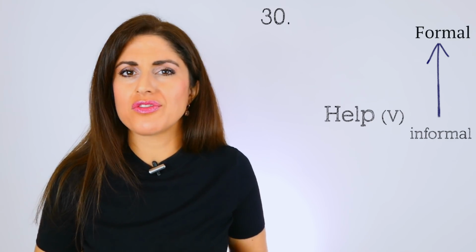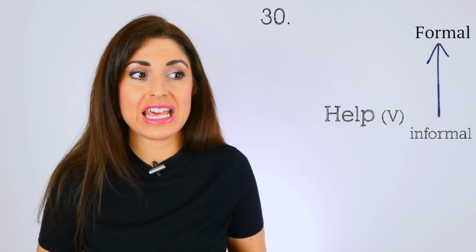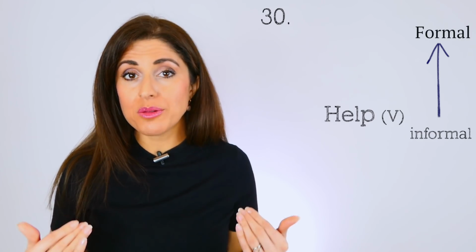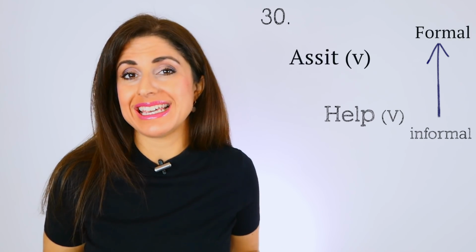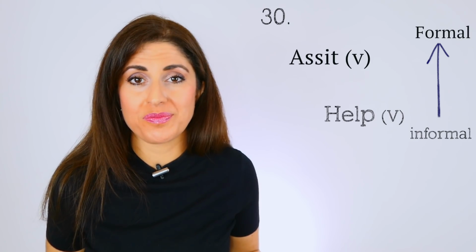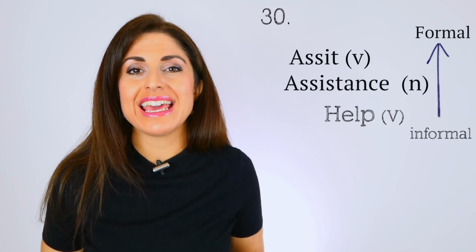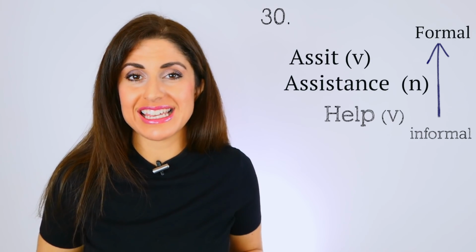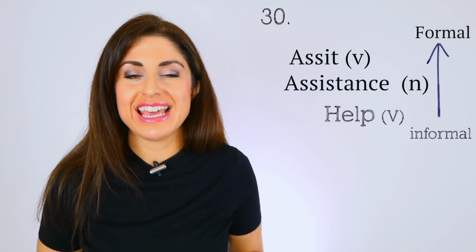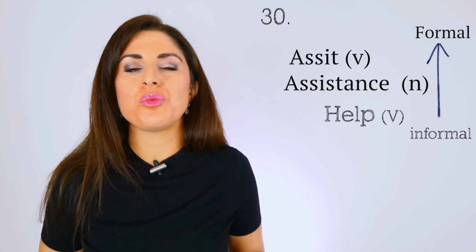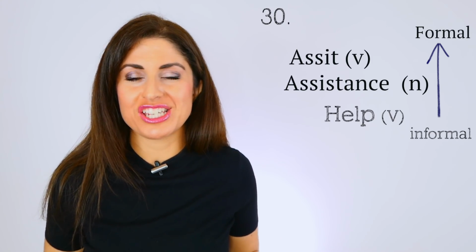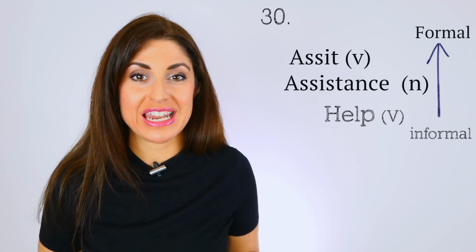Nothing wrong with that, but of course in business and at a university, you'll often require help, but instead you can use assist. Can I assist you? Could I be of some assistance? So to assist is the verb and assistance is the noun, and we could use both of these in slightly different ways, but certainly when it comes to writing formal English, you would use assist and assistance.